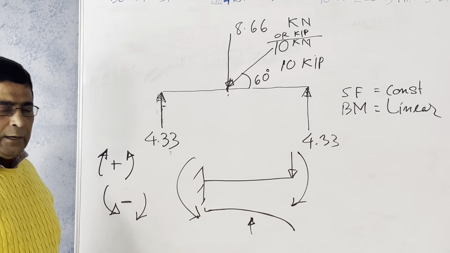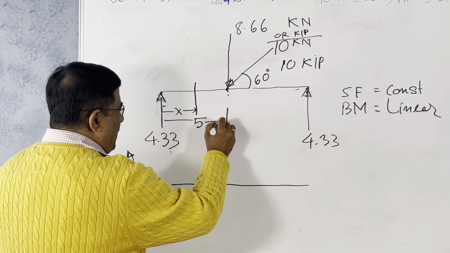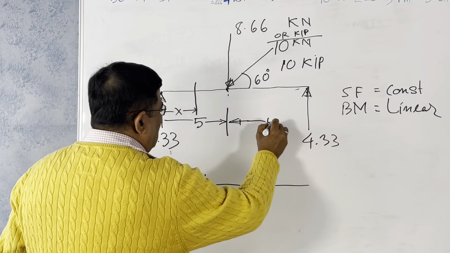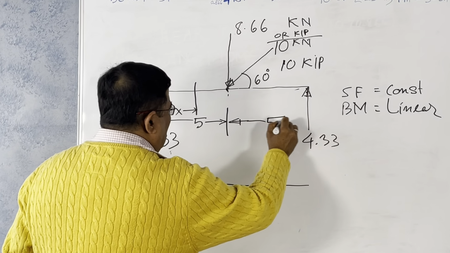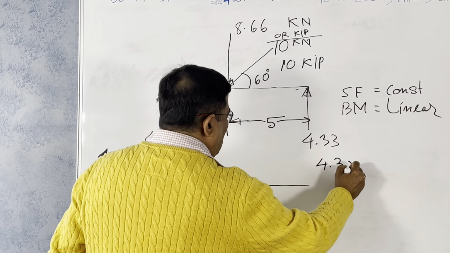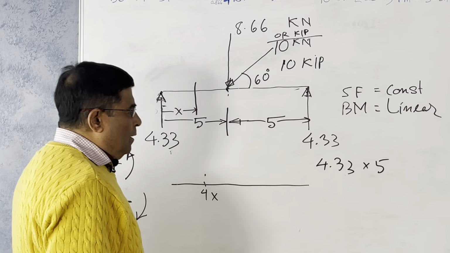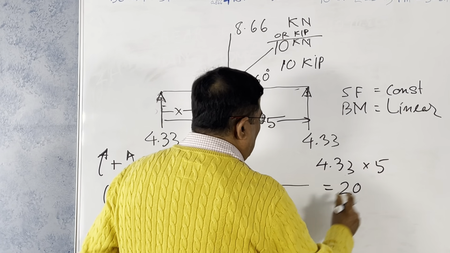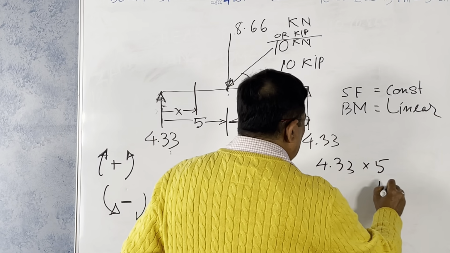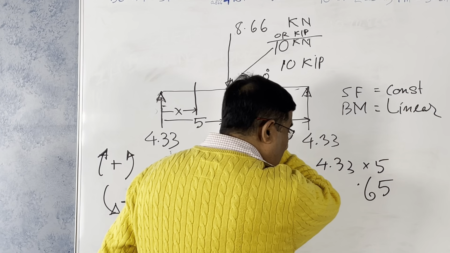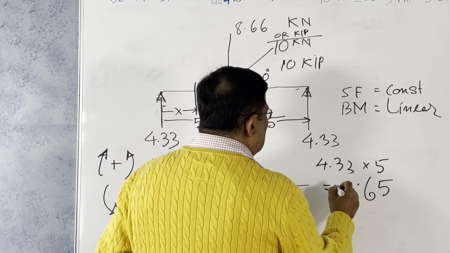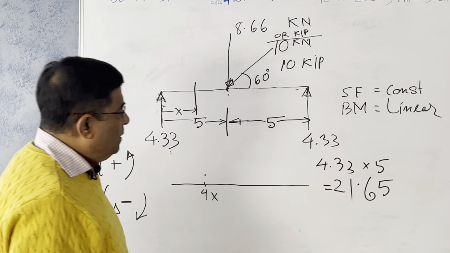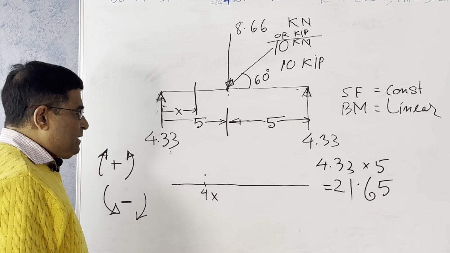So this is 5, we know that. 5 meter or 5 feet, whatever it is. So 4.33 times 5 is 21.65 there.